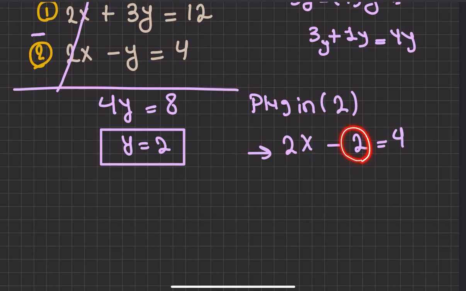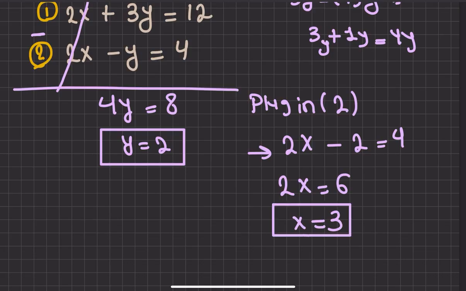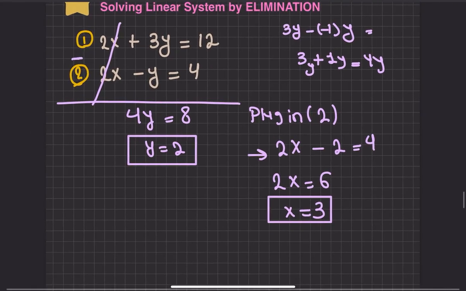I'm going to move the 2 to the right side, which is going to be positive. So it's going to be 2x equals 6, and x is going to equal 3. So I have my x and I have my y. So this is the first example.